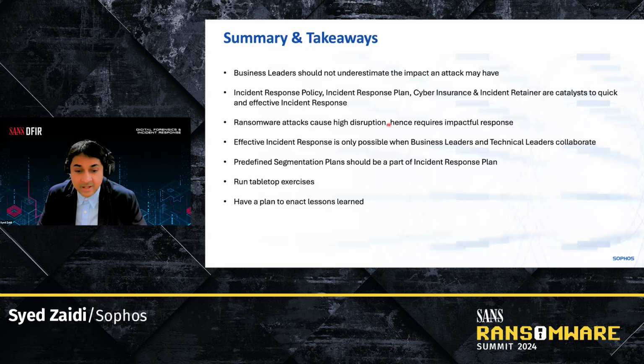For example, if you take that route of tabletops, you may learn, oh, you don't have MFA on your VPN, or you have weak passwords, and you can act proactively on that. And once you have gone through an incident, you may have things which you have learned during that incident.